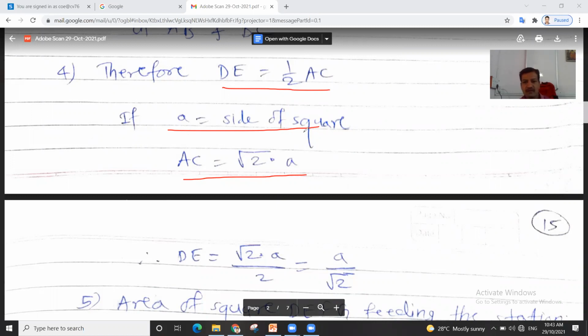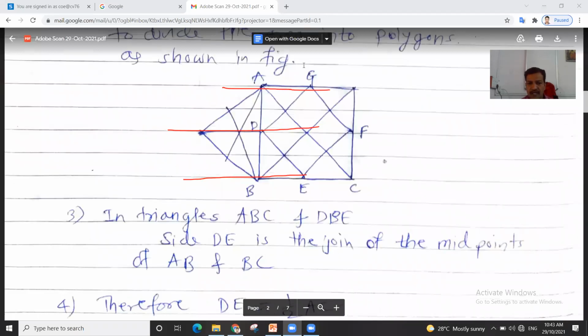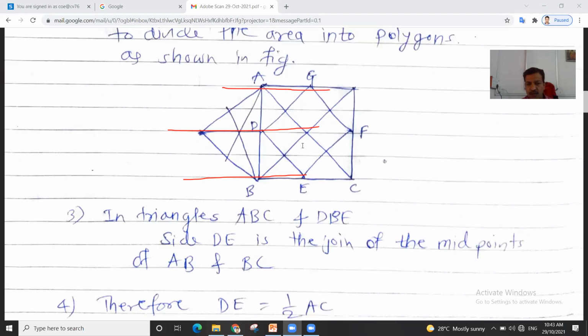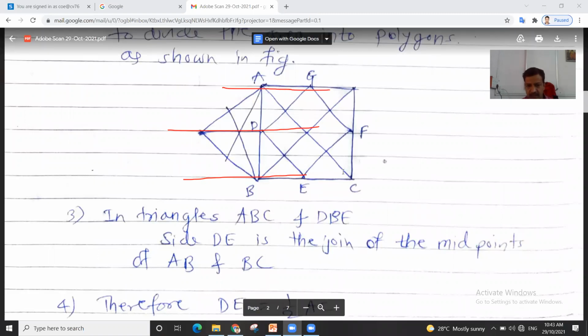No sir, can you explain once more? Yes, AC is a diagonal. So DE is 1 by 2 AC. Correct? Yes sir.